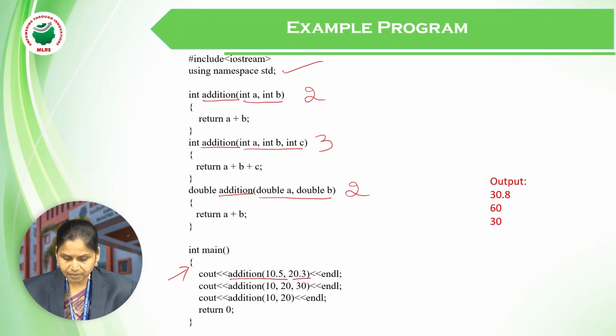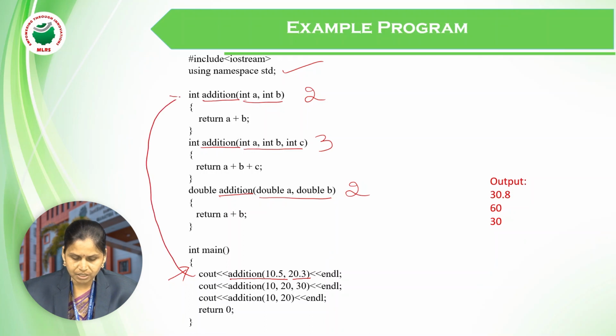Let us consider the first statement, cout addition of 10.5 comma 20.3. When we execute this statement, automatically the compiler goes to the first addition function. It verifies the function name and also the number of parameters. How many parameters are there? 2 parameters. But what is the data type of the parameter? 10.5, 20.3 means it is a double data type.